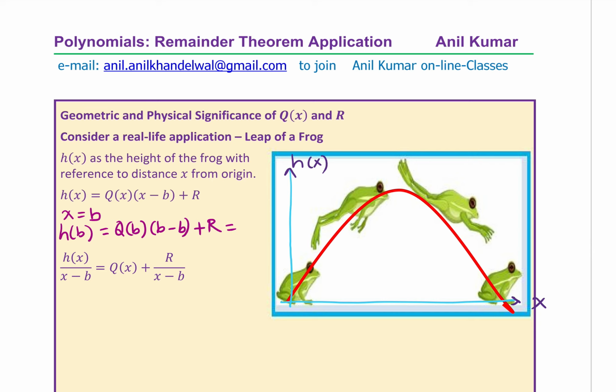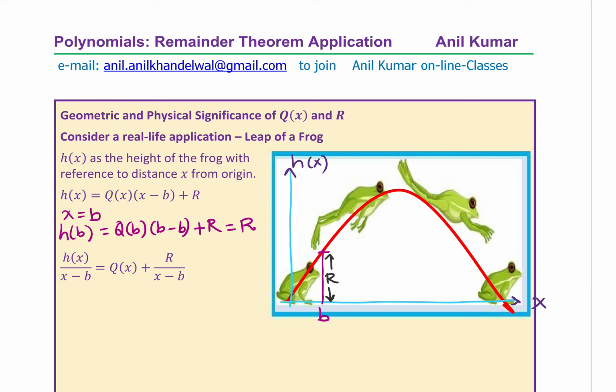And therefore, what you get is the remainder r. It really means that if I take the height at x equals b, this height will be equal to the remainder r.